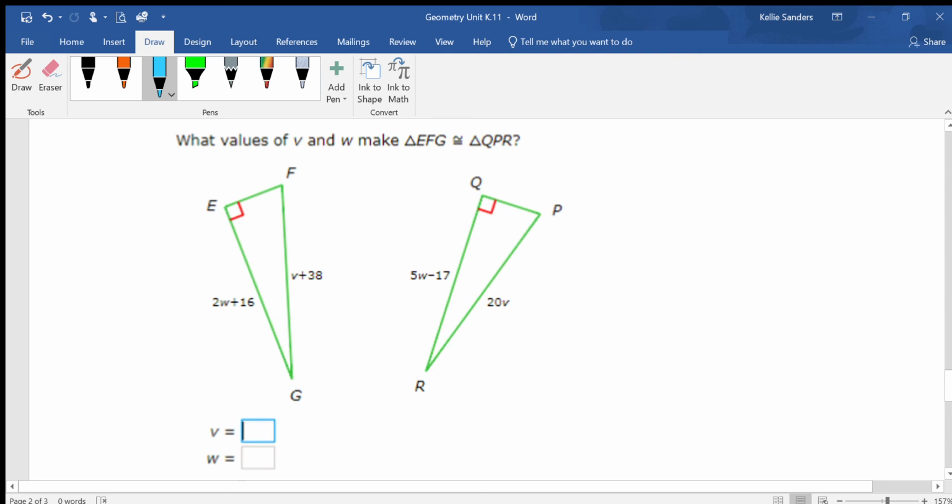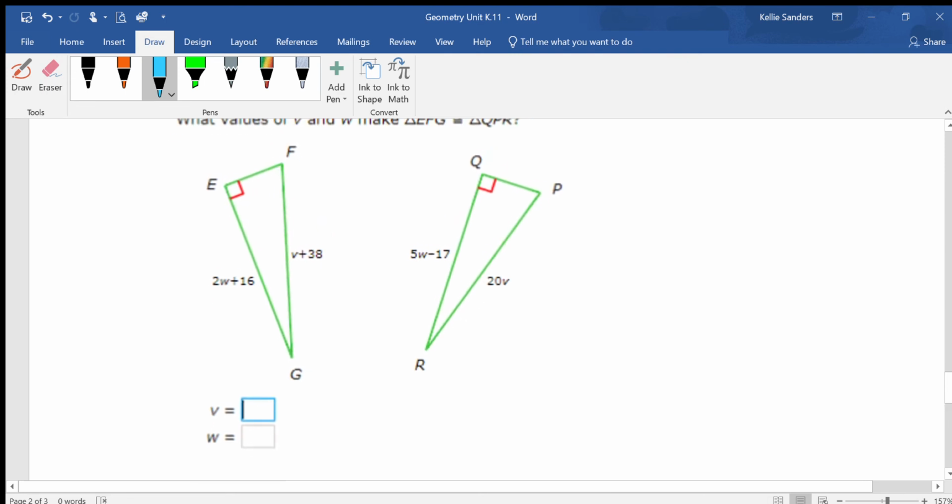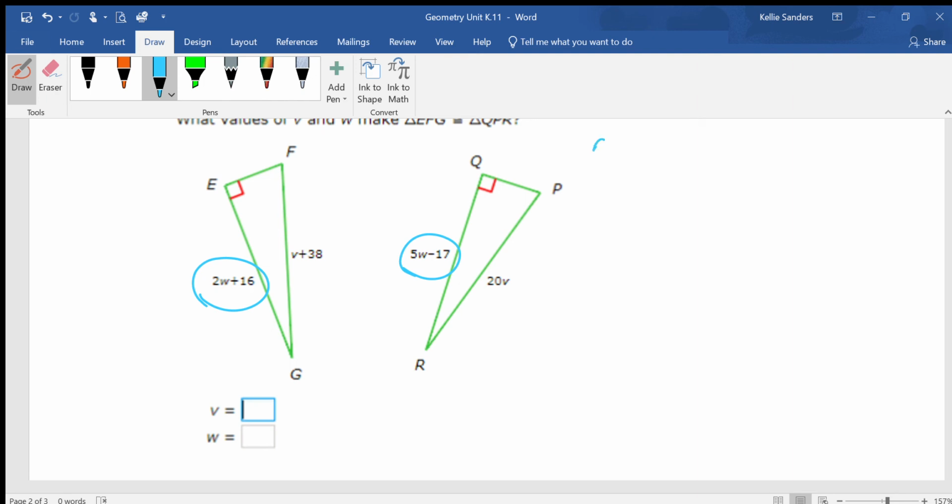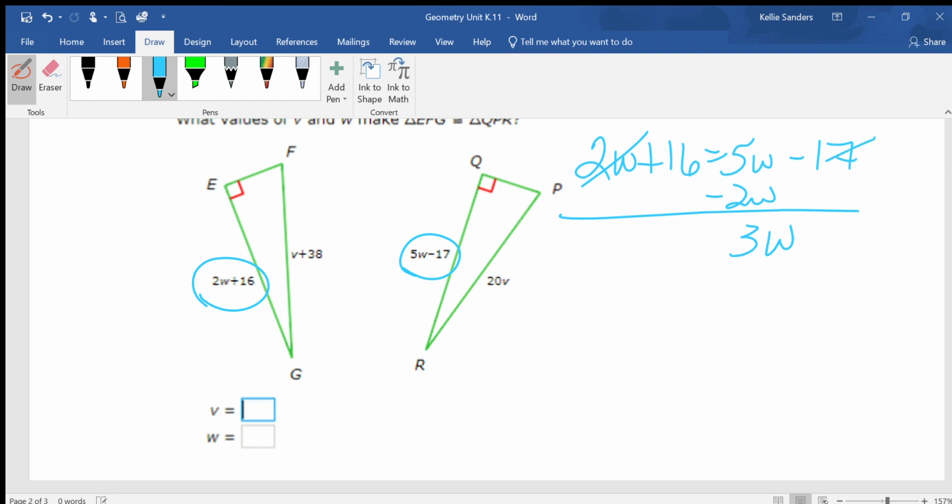Okay, a little bit more. What is 2W plus 16 the same as? 5W minus 17. So 2W plus 16 equals 5W minus 17. We're going to subtract the 2W and get 3W.